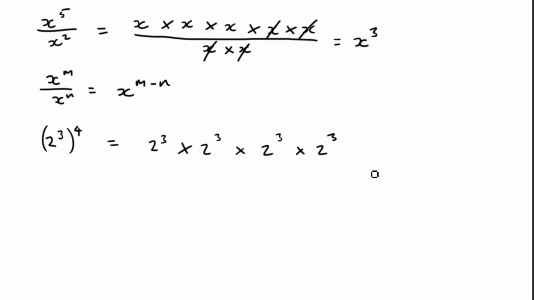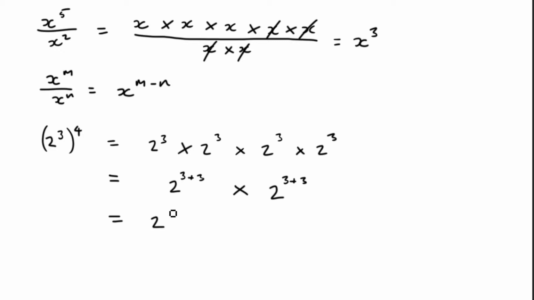But we already have an index law that tells us how to multiply, for example, the first 2 terms together. 2 cubed times 2 cubed would be 2 to the 3 plus 3. Similarly, the last 2 terms would also give us 2 to the 3 plus 3. And now we can apply the same law to both of these terms.